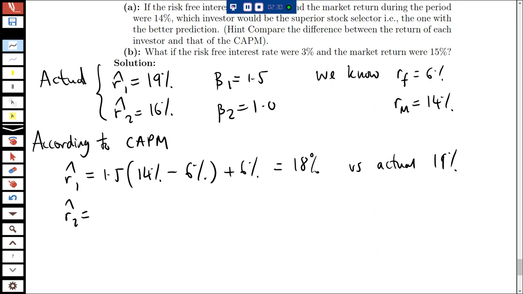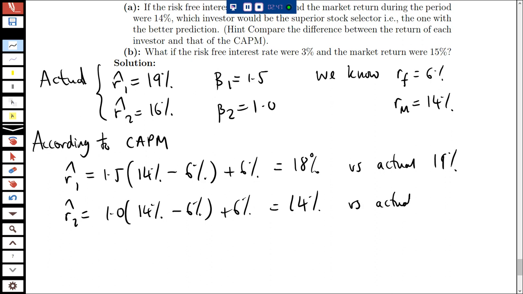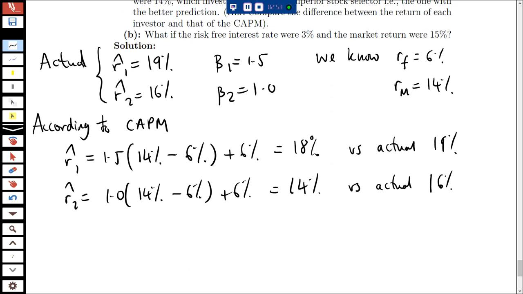And the second investor, using the CAPM model, should have had a return of 14% versus an actual of 16%. So we can see that investor 2 did better.